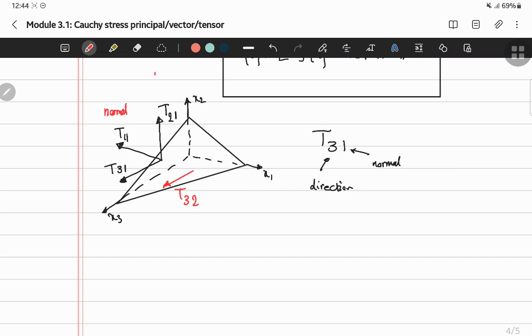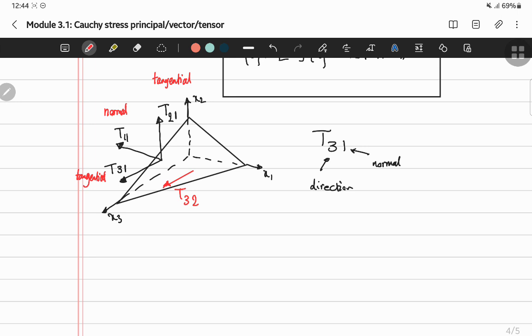So these basically T31, T21, they are in plane, and they give us actually the shearing stresses, while this out of plane component, which is normal to the plane and it is out of plane, gives us the normal stress.